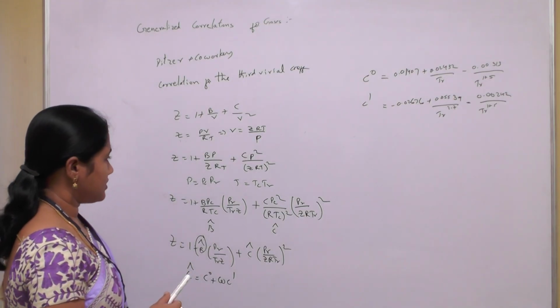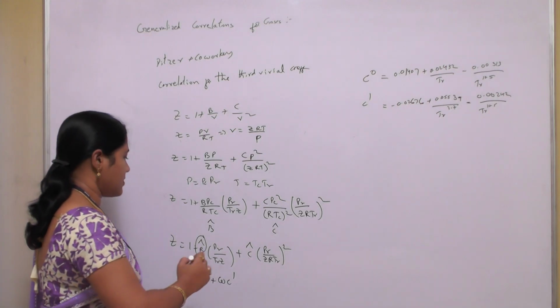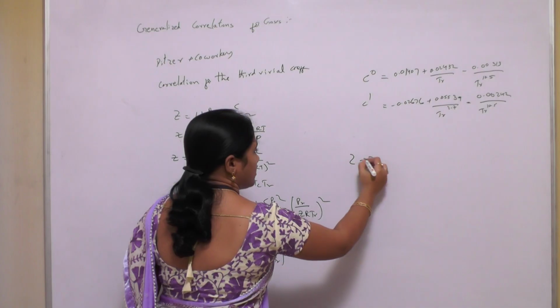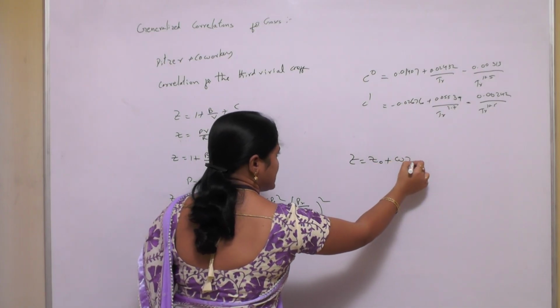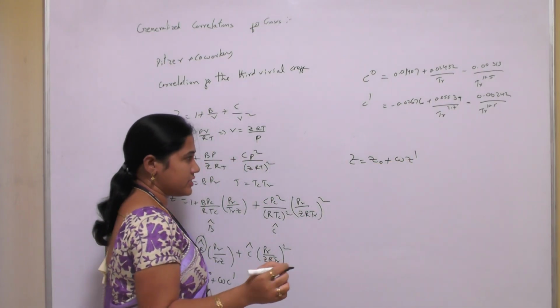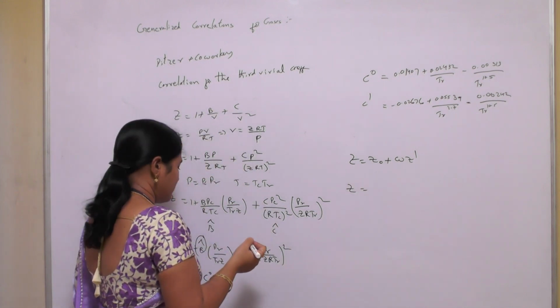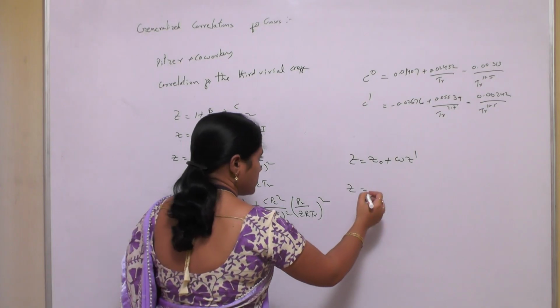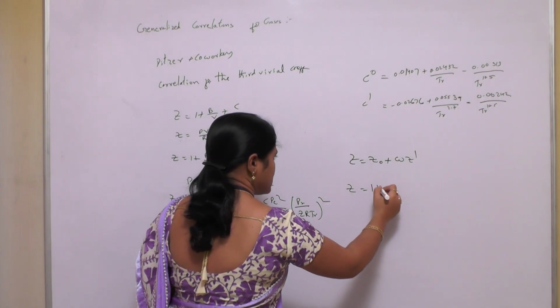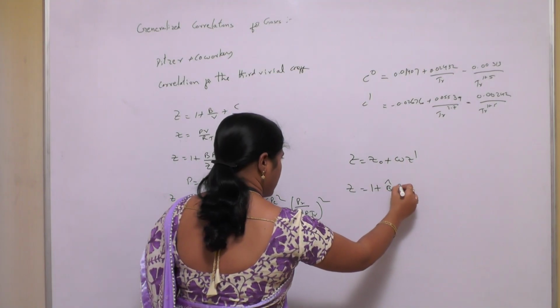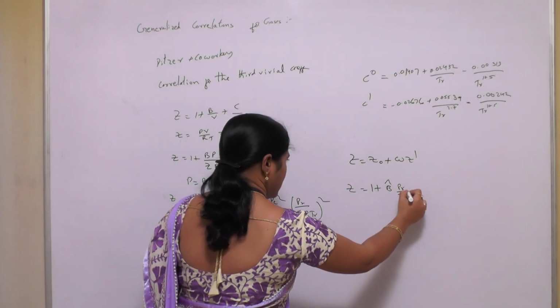So Z equals Z naught plus omega Z dash. This is one correlation, called the compressibility correlation. The second one is Z equals 1 plus B cap PR by TR.